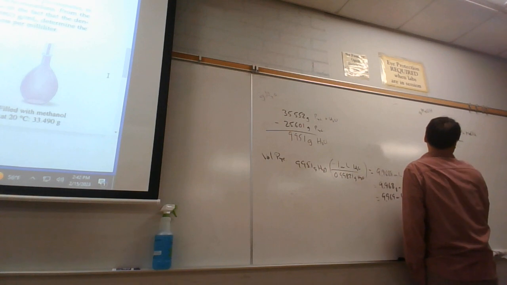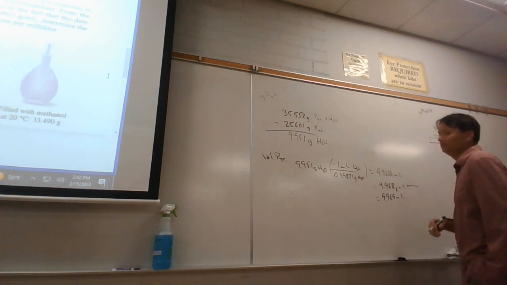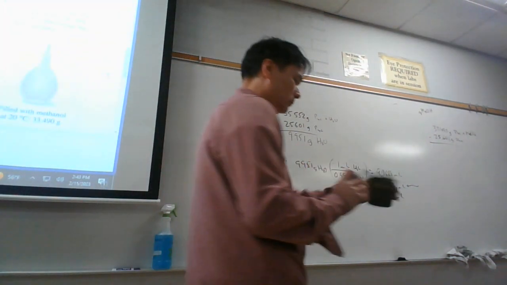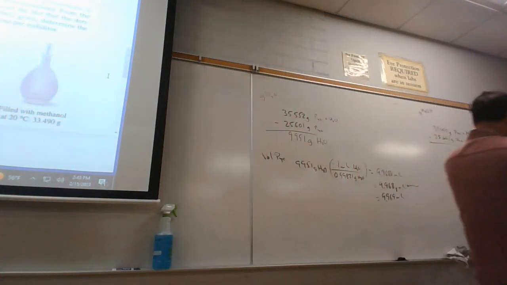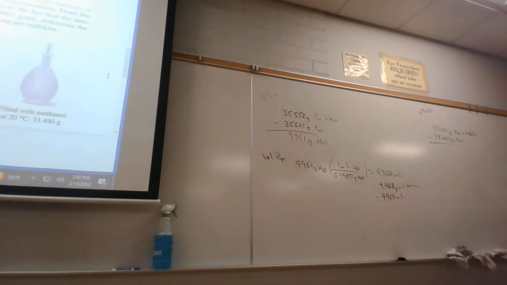And so what are we going to get for grams of methanol? 33.49 minus 25.601 is 7.889 grams of methanol.